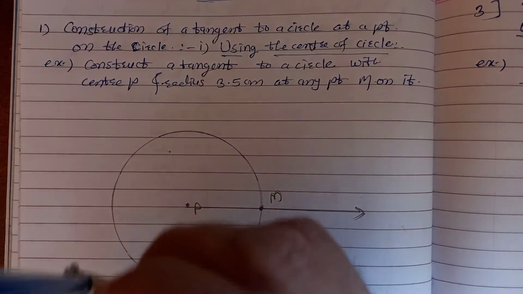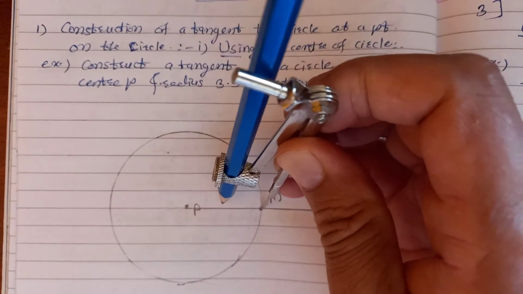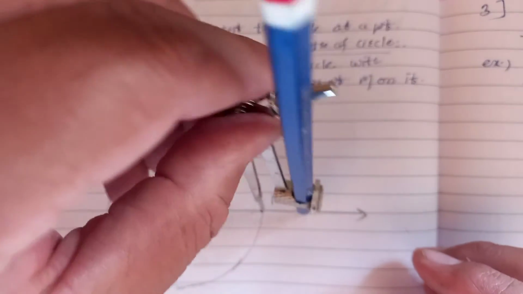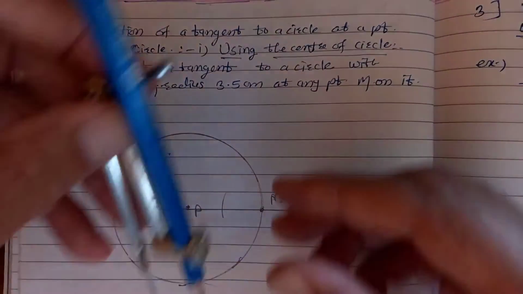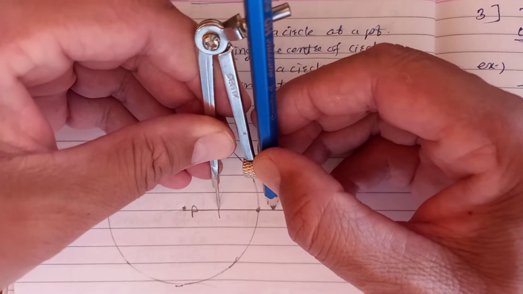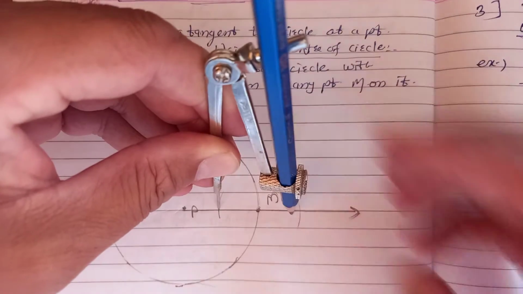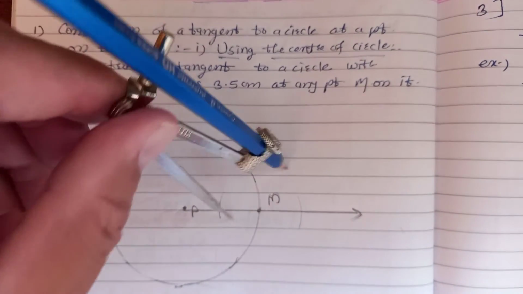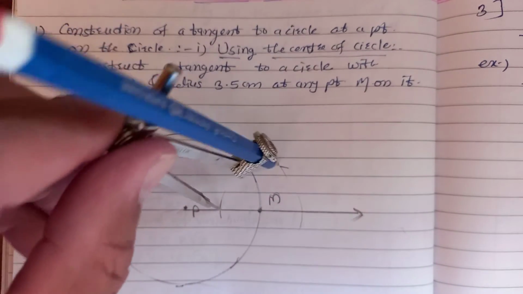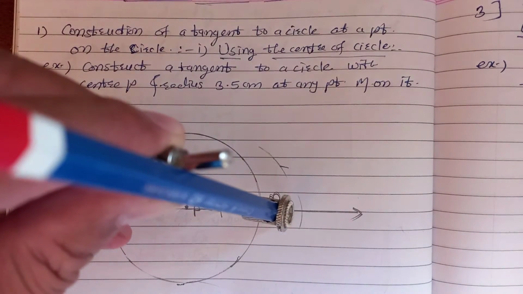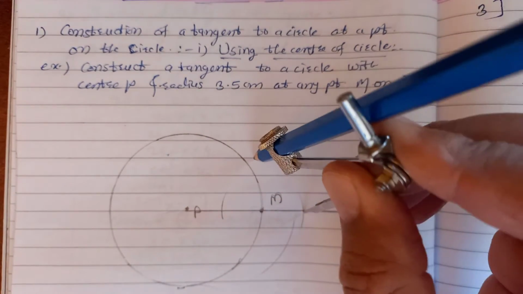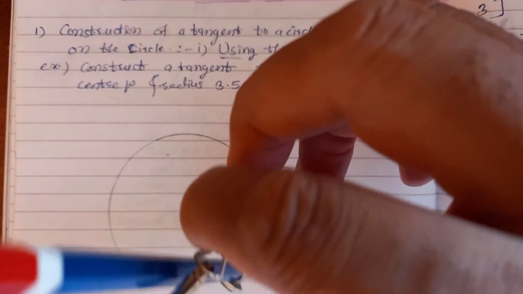Taking some distance, not fixed, from the point M, draw two arcs, one here and another here. Then for the perpendicular bisector, take more than half the distance between the two ends of the compass and from these two arcs draw one arc upside and another arc downside. Then from these arcs draw another two arcs that intersect the first arcs.